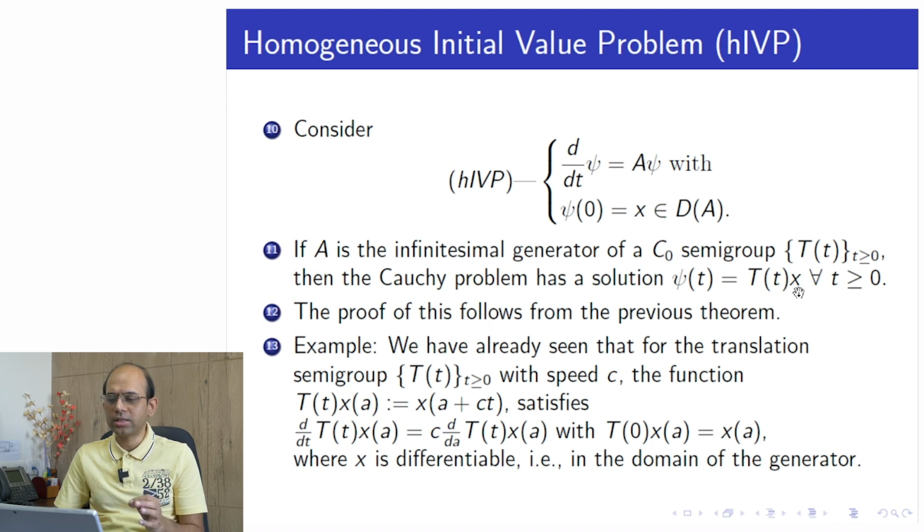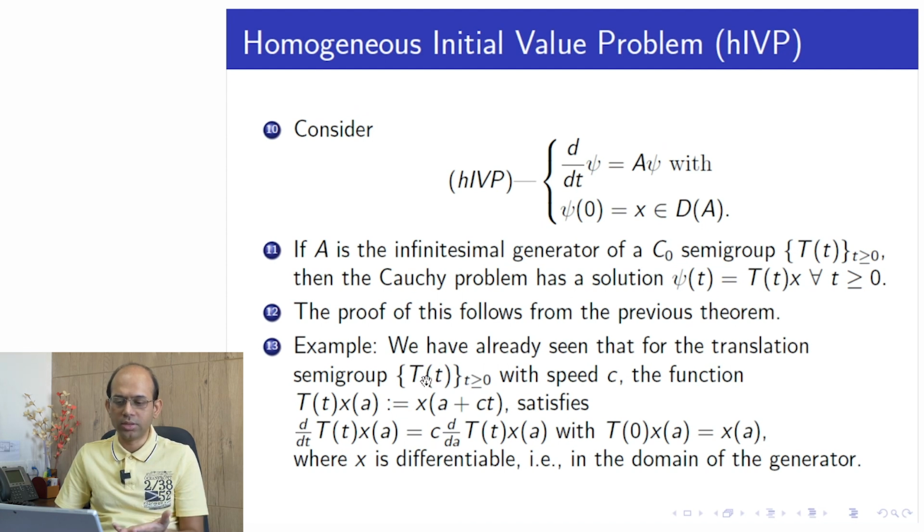But if x is not in the domain of A, then still Tt x is well defined, and that Tt x we call a mild solution of this equation. The proof of this follows from the previous theorem, which we discussed in the earlier class.